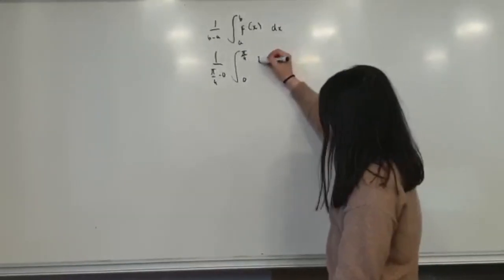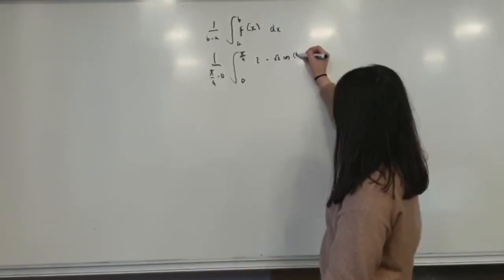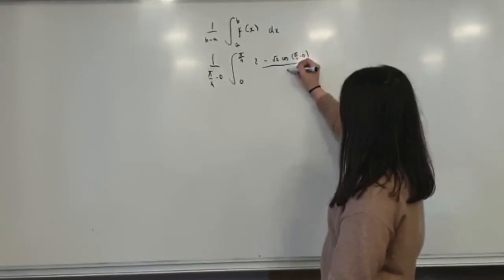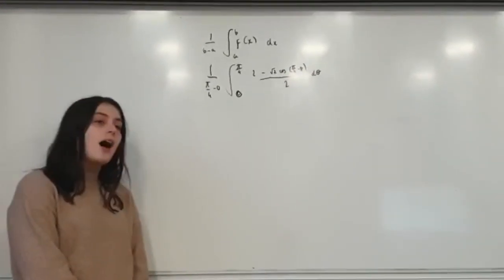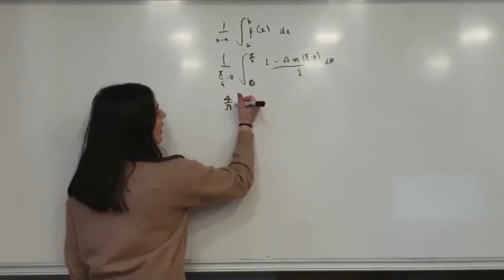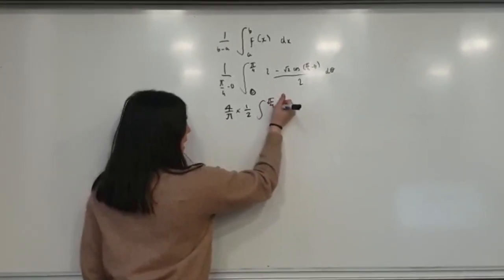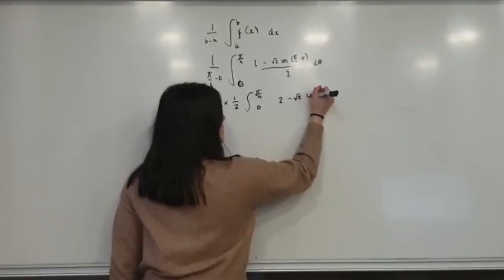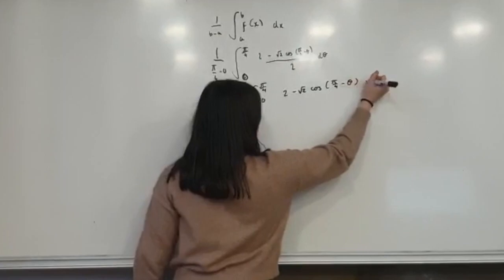of 2 minus root 2 cos of pi over 4 minus theta, over 2, d theta. At this stage we are going to take the half out. So we are left with 4 over pi times 1/2 of the integral between pi over 4 and 0 of 2 minus root 2 cos of pi over 4 minus theta d theta.